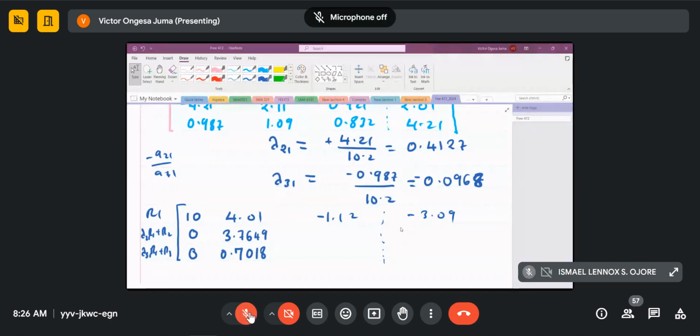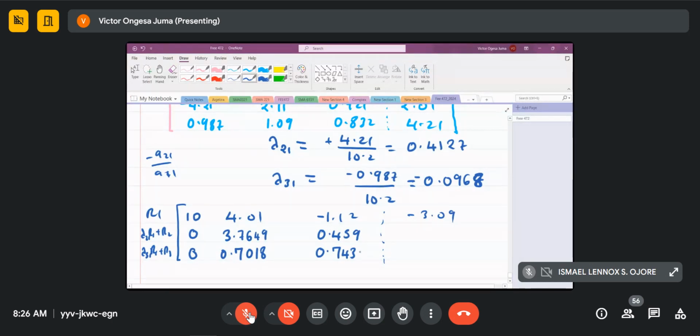Column 3, row 2, 0.459. And then here, 9. And also people should do the others. And then column 3, row 3 for me, it's 0.743.